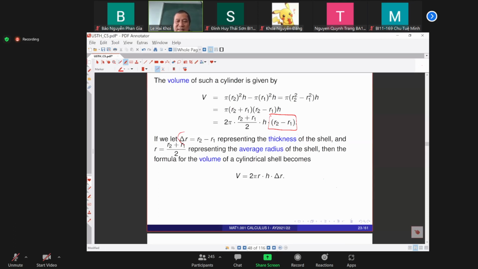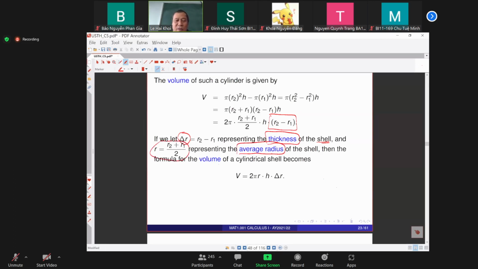means the thickness. Đấy, cái độ dày của cái đường ống ấy, nó có thể mỏng có thể dày. Thì thickness of the cell là difference between two radius. The average radius, trung bình cộng của hai cái radius.